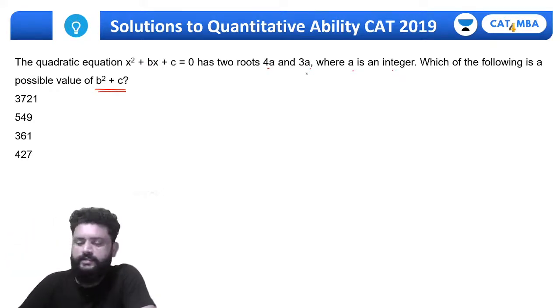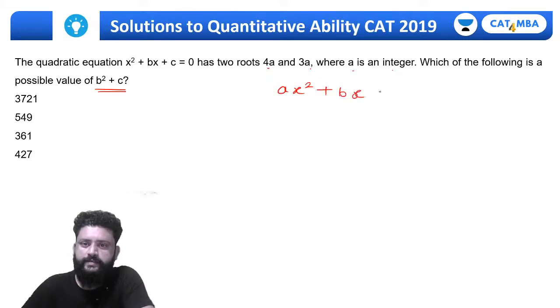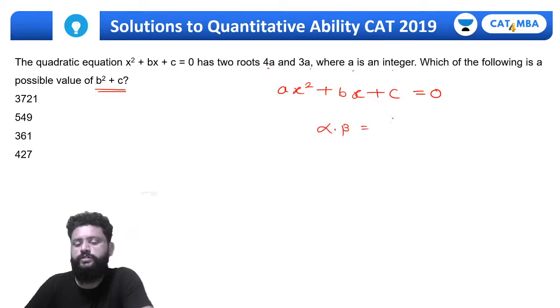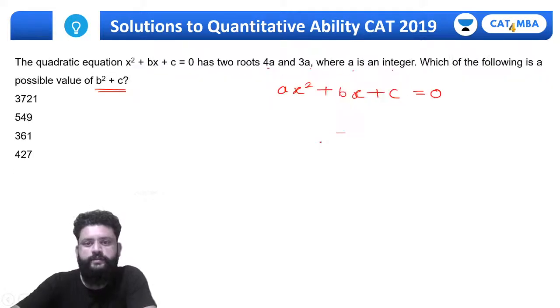So first thing guys, we know if ax square plus bx plus c equals to 0, so alpha into beta, product of the root is, let me tell you if you don't know this part, just a minute.